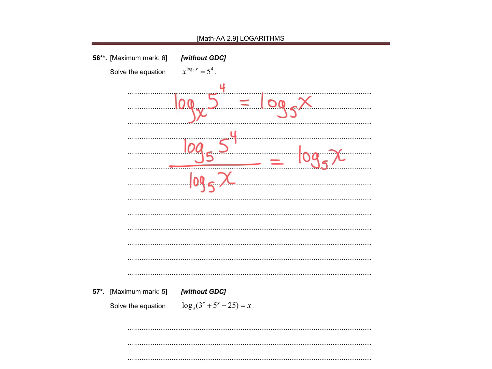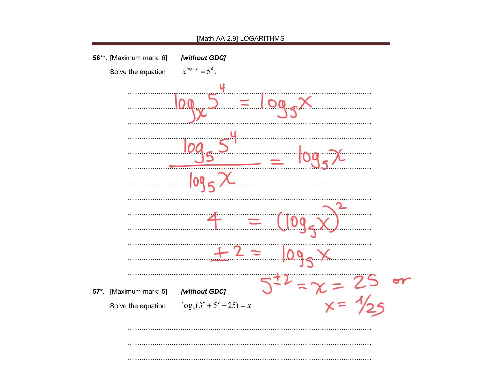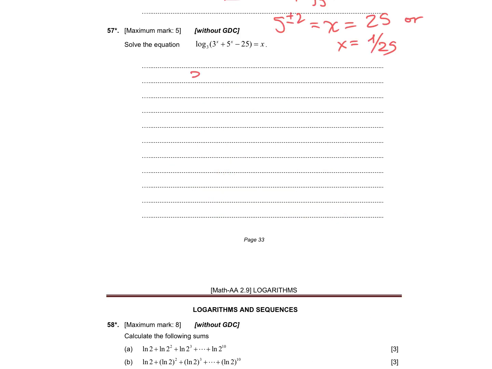And this here up top is going to be 4. Cross multiplying, we're going to have log base 5 of x squared. Square root both sides, and we're going to have 5 to the plus or minus 2 is x, which is 25 or 1 over 25.